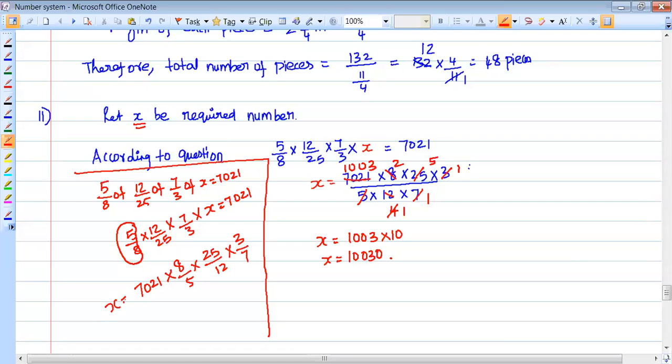What will be on your left hand side? X. Now if you cancel by this table, 1 5 is 5, 5 5s are 25, 3 4s are 12, 2 4s are 8, 3 and 3 get cancelled, and this is 1003 times. So the answer is 10,030.